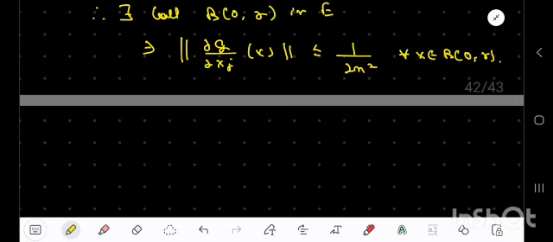Fine, this follows from continuity, and this limit has nothing special. We are just choosing a small enough number, nothing else.